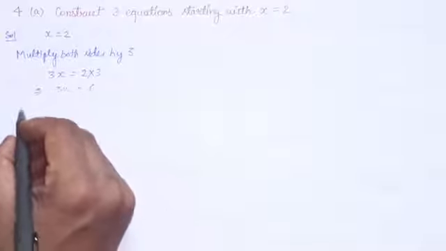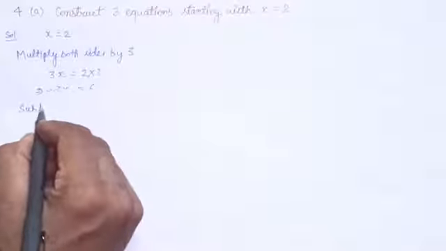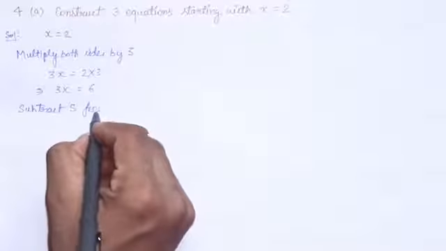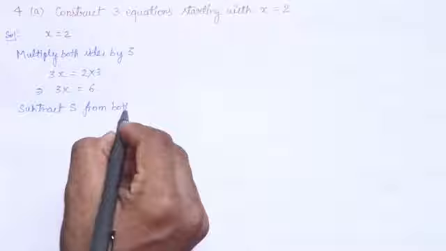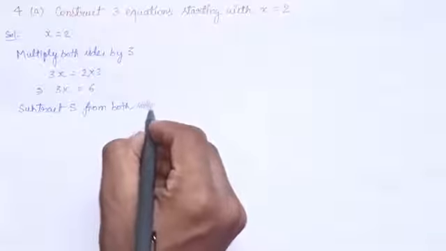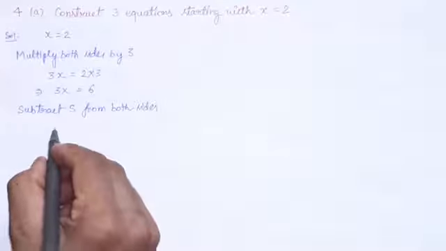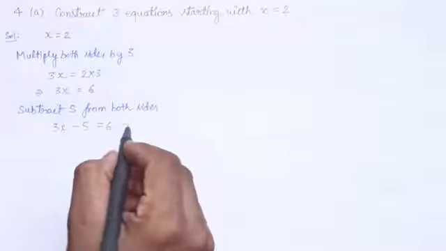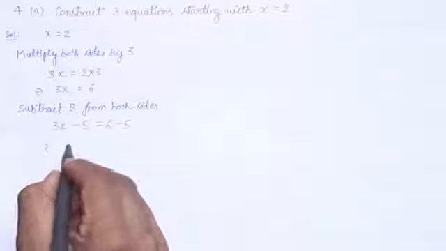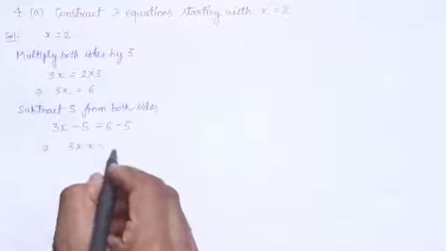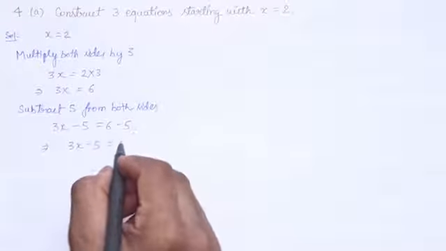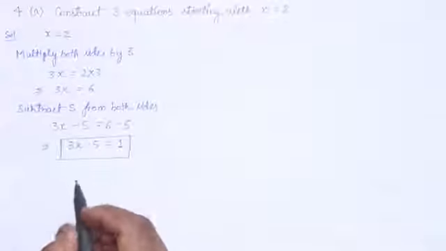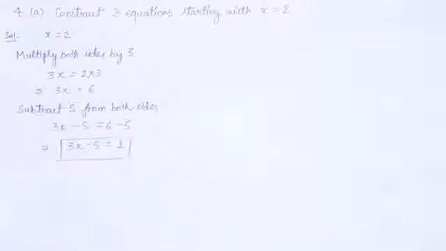Again, subtract 5 from both sides. So we can write 3x minus 5 equals 6 minus 5, which implies that 3x minus 5 equals 1. So this is our one equation from the equation x equals 2.